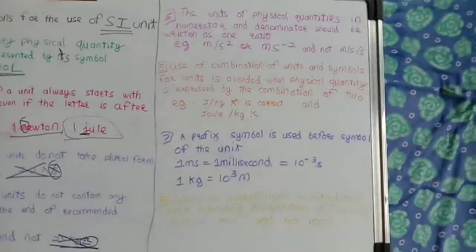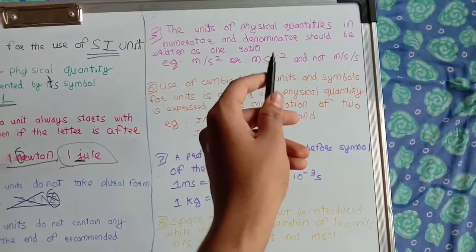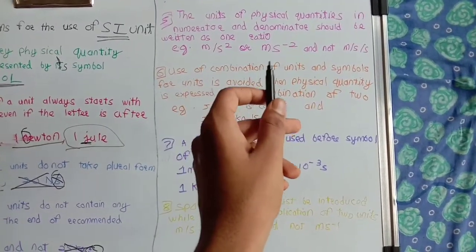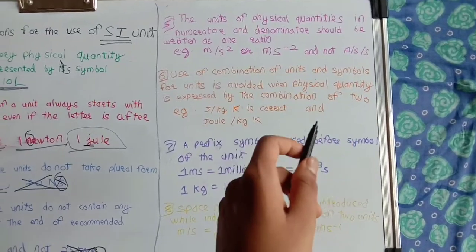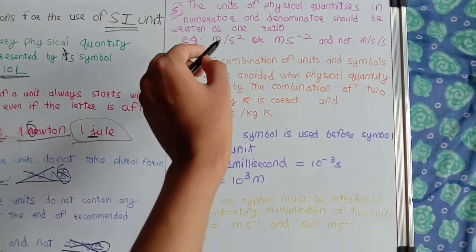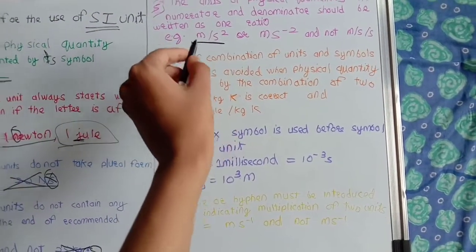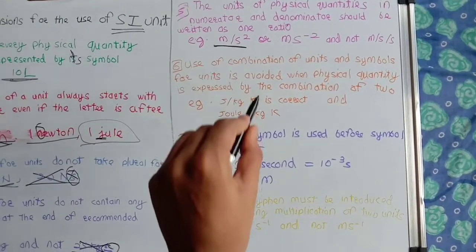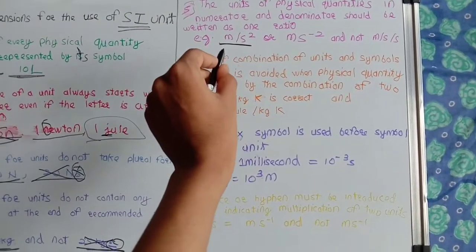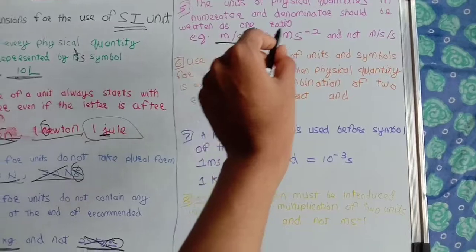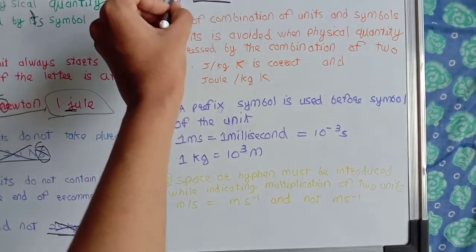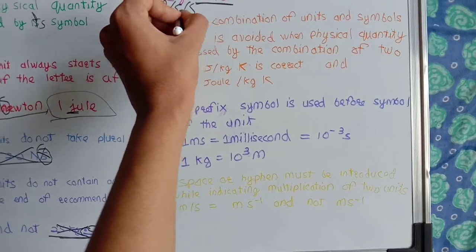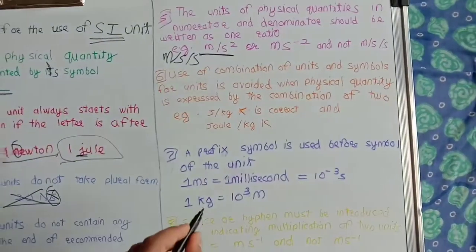Next, the fifth rule: the units of physical quantities in the numerator and denominator should be written as one ratio. Like see, the unit of acceleration is meter per second square. We write meter per second square like this or like this. But if we write meter per second like this, it will be wrong.